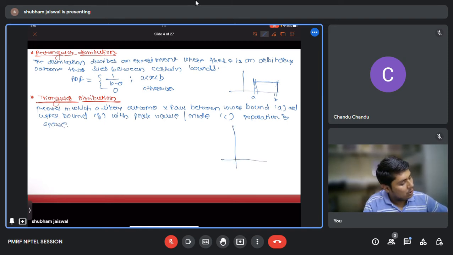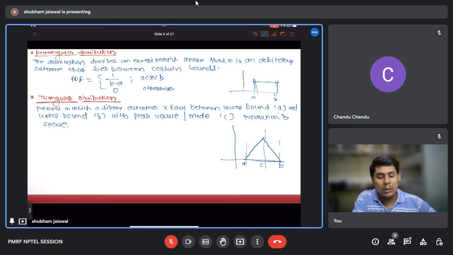Suppose I have one lower bound A and upper bound B, and my mode is suppose C. So if I draw this line, I will get a triangle. So that's why the name is triangular distribution.